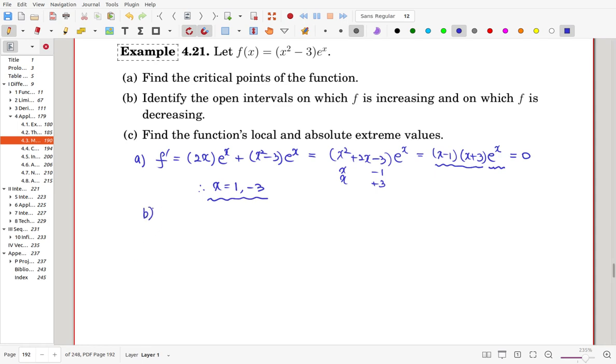Okay, here f prime is given in this way, and now this is positive.